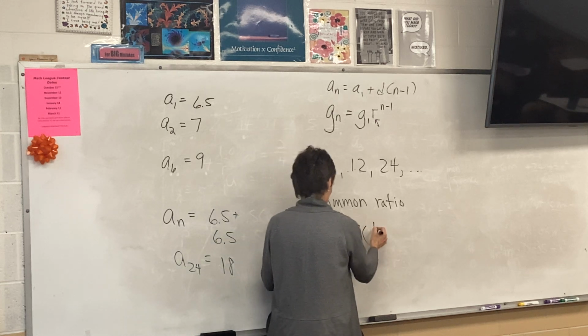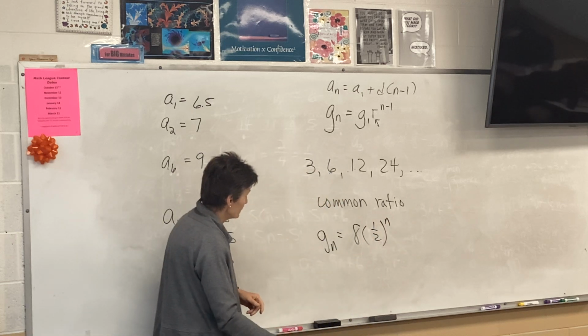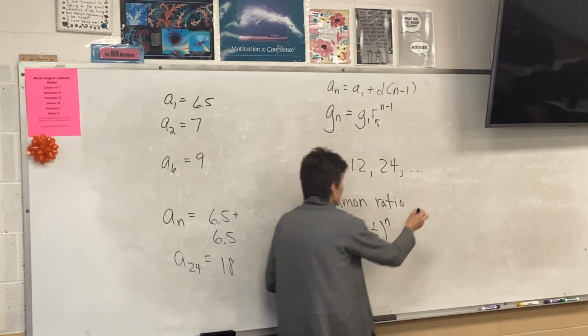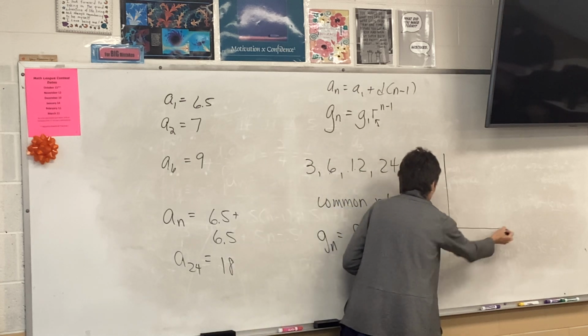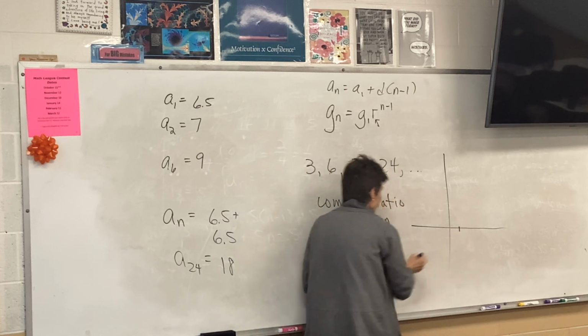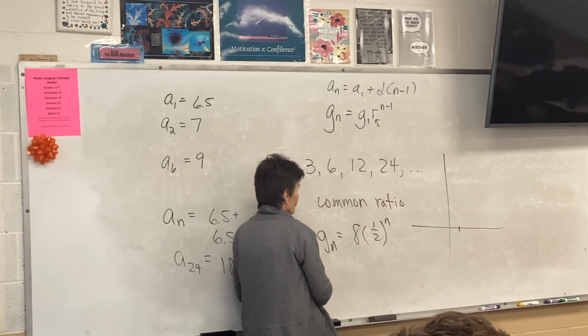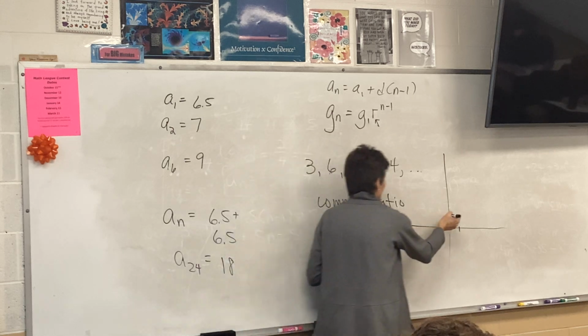Graph this guy. That's definitely geometric, and we're gonna graph it. So what is the first point that you're gonna put on there? When n is 1, you're gonna have what? 4.